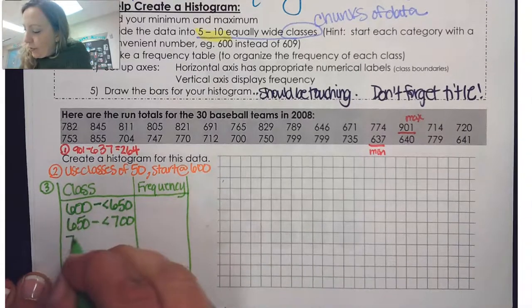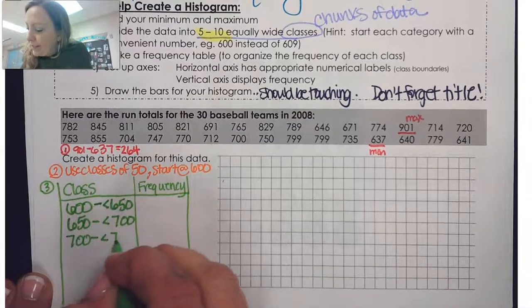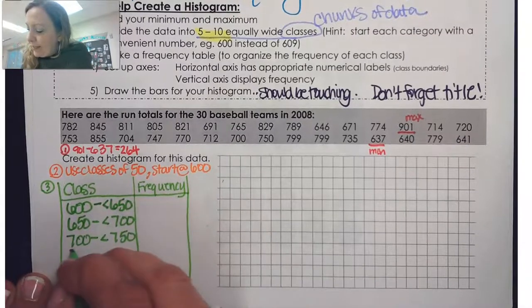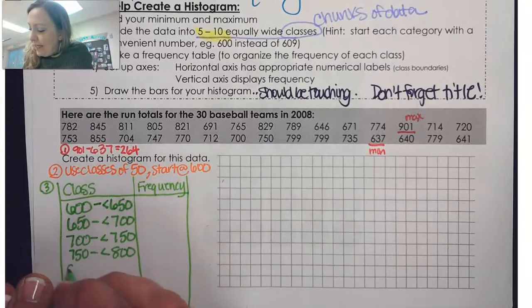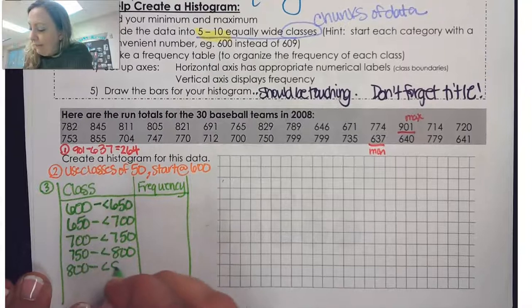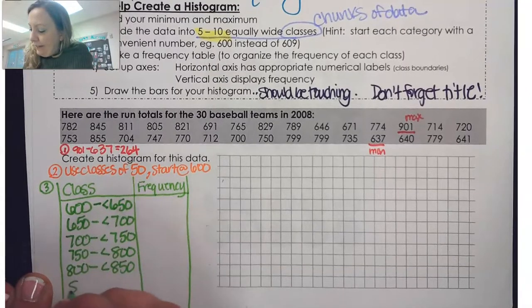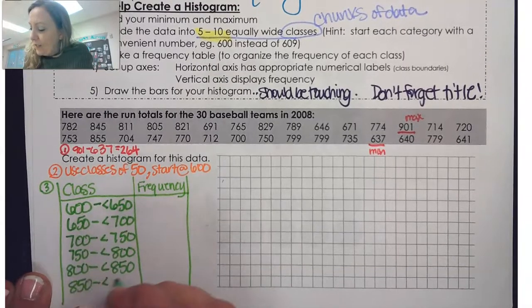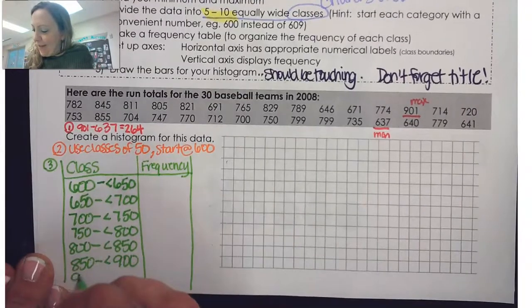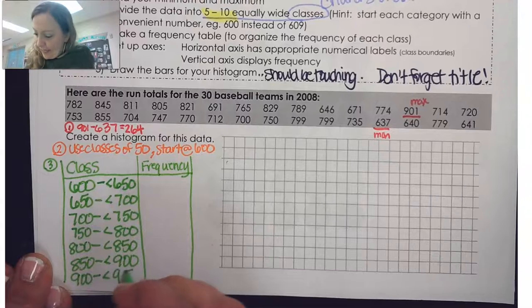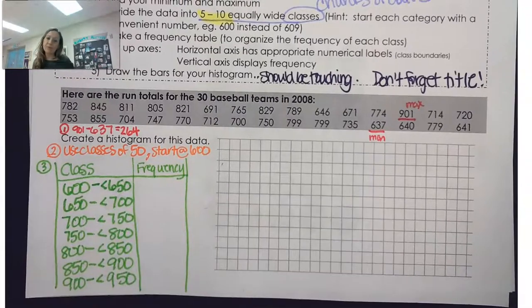So then I would need to go from 700 to less than 750, 750 to less than 800, 800 to less than 850, 850 to less than 900. And that darn 901 makes us have one other one, 900 to less than 950. So those are your classes.